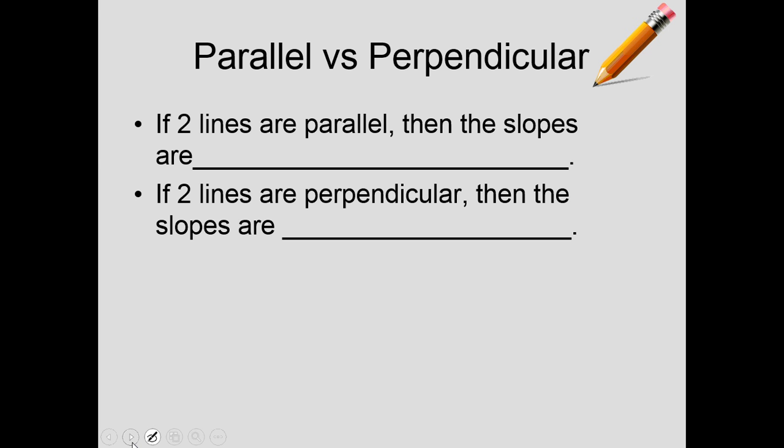Make sure that you get this part in your notes. If two lines are parallel, then the slopes are in fact equal to each other or the same. If two lines are perpendicular, then the slopes are opposite. That means one's positive and one's negative, and also reciprocal.